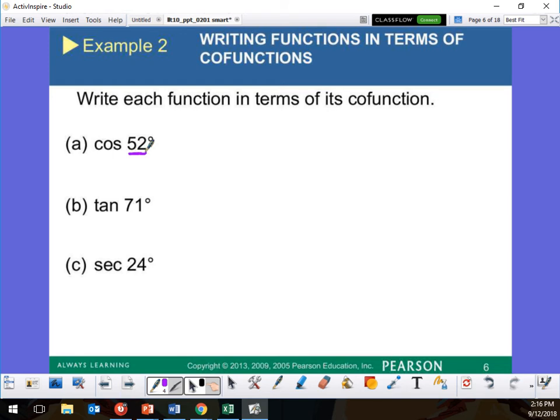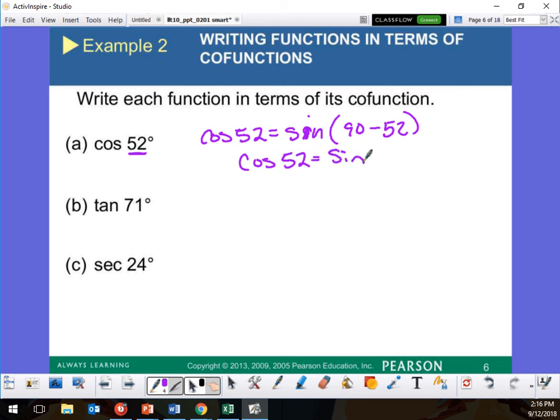Okay. So we're going to say that cosine of 52 is equal to the sine of 90 minus 52. So cosine 52 is equal to the sine of, what is it? 38.